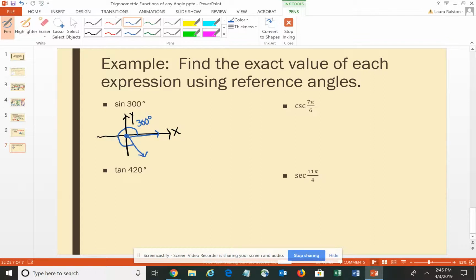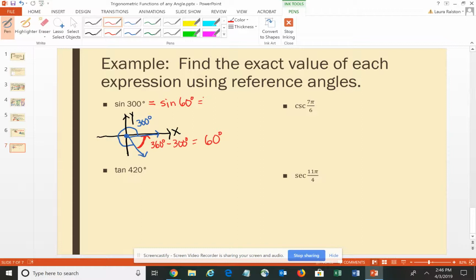But then I find my reference angle. My reference angle is between the terminal side and the x-axis. I'm not quite a full revolution, so that would be 360 degrees minus the 300 degrees that I did rotate. So my reference angle is 60 degrees. So the sine of 300 degrees is the same as the sine of 60 degrees, which I've committed to memory from my unit circle.